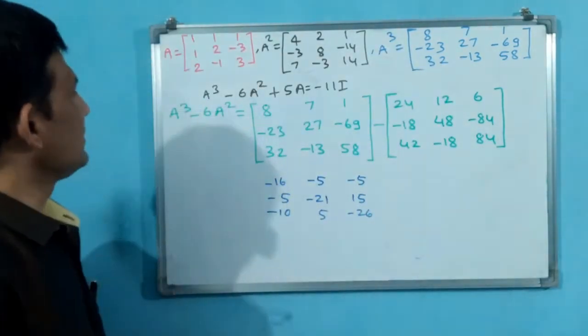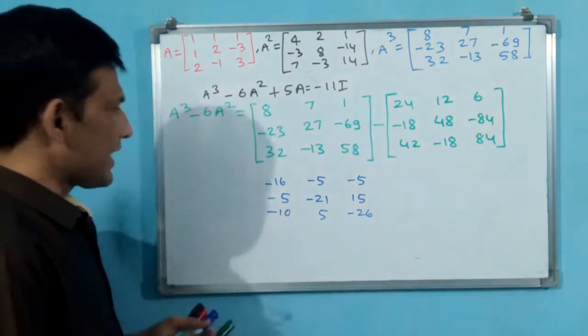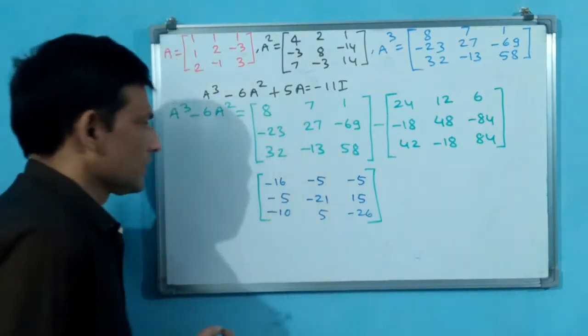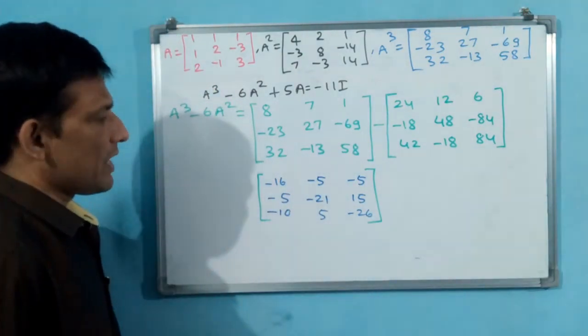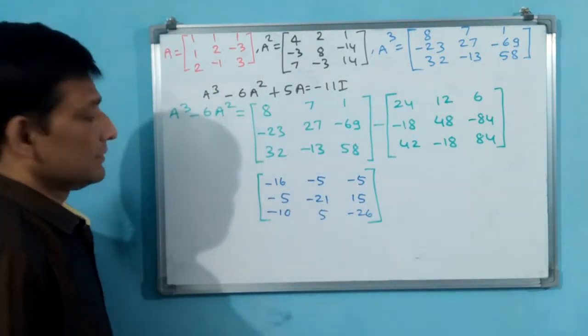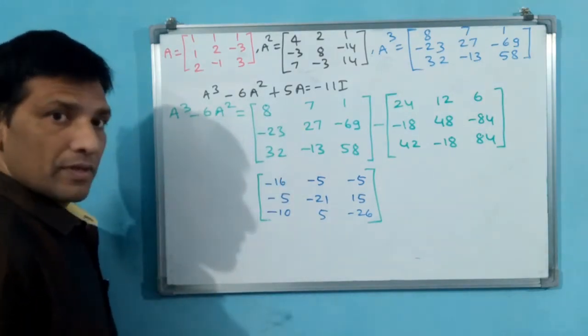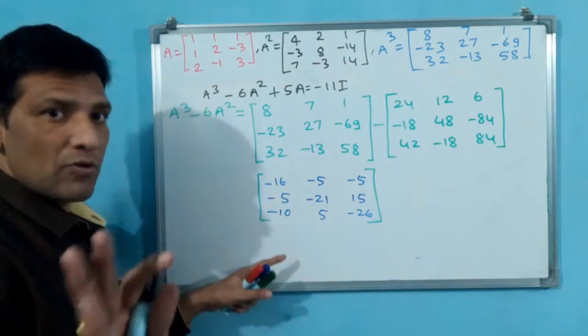Okay. See, this is a cube minus 6a square. Again, I am writing this. Okay, see, like this only you have to do. a cube minus 6a square, again plus 5a you have to do. Okay. See, what you have to do, I am not doing.